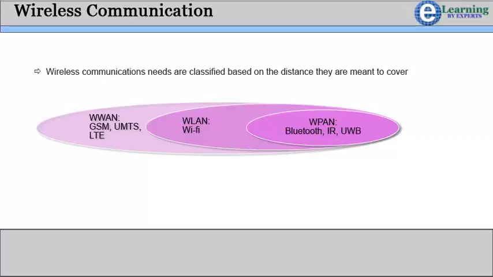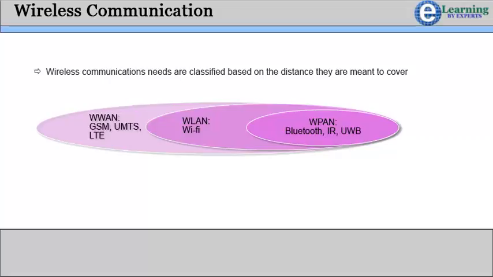Wireless networks form the transport mechanism between devices and traditional wired networks. WPANs are limited to distances under about 10 meters and include technologies such as infrared, IR, Bluetooth technology, and ultra-wideband, UWB.